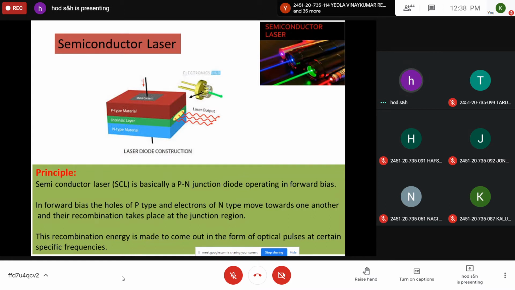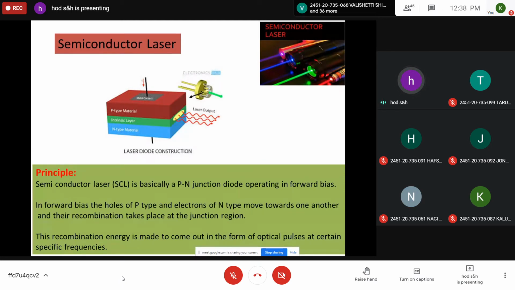If you want to write this down: a semiconducting laser is basically a PN junction diode operating in forward bias. In forward bias, the holes of P-type and electrons of N-type move towards one another, and recombination takes place at the junction region. An electron combines with a hole.